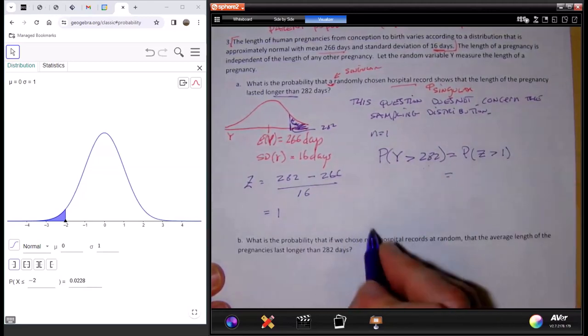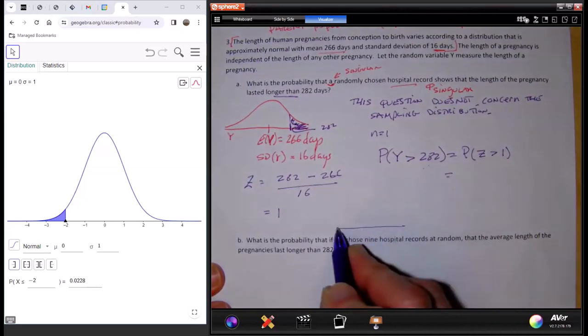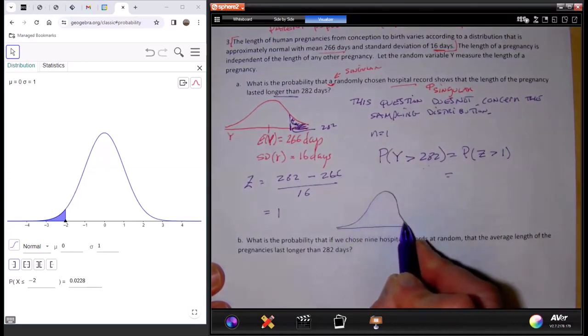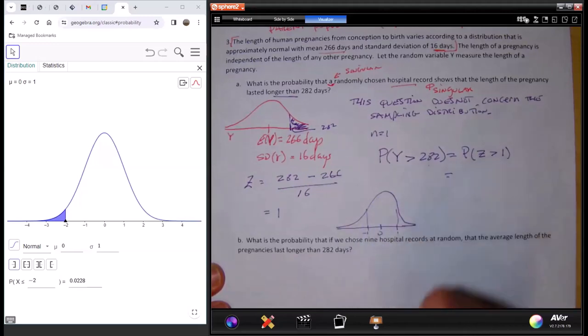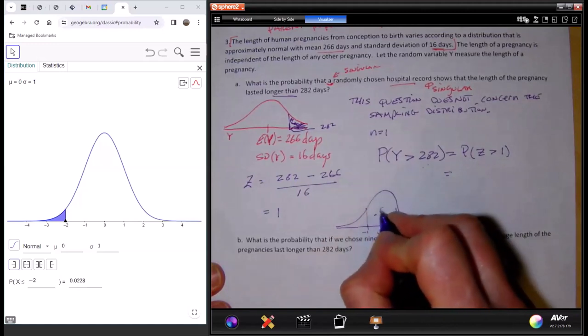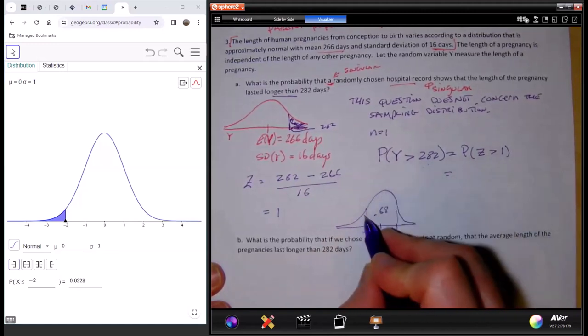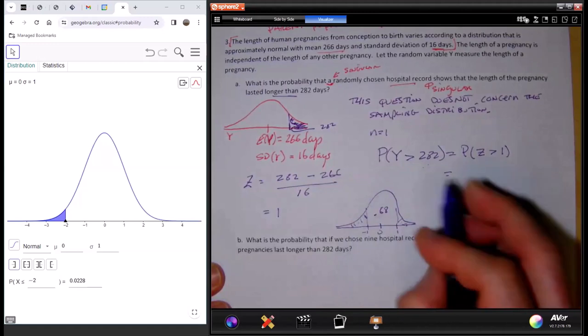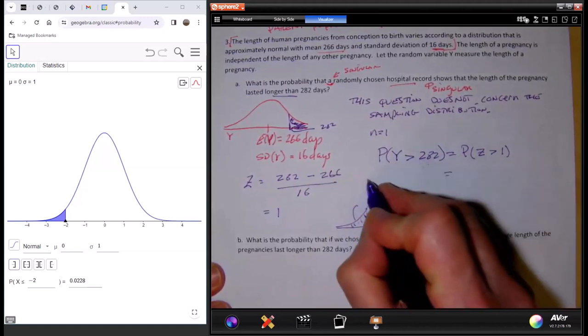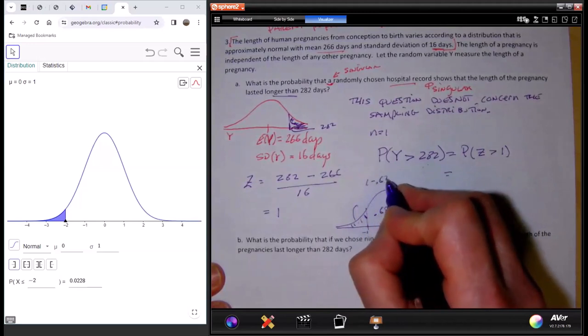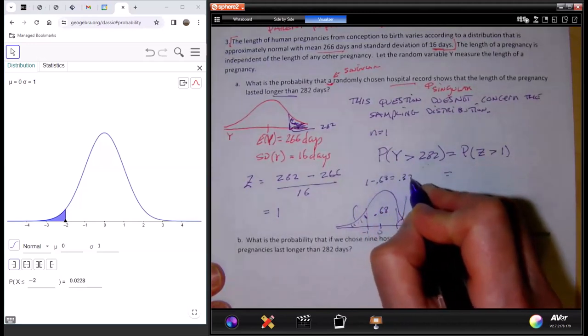Remember, using the 68, 95, 99.7 rule, it looks like 282 is exactly at 1 standard deviation. So if I go between -1 and 1, that's 0.68, which means that these two edges right here together comprise 1 minus 0.68, which is 0.32.